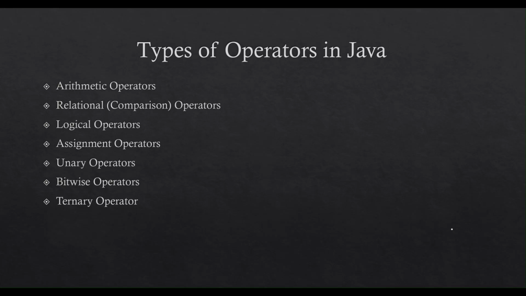So types of operators. How many operators are present in Java? Basically there are arithmetic, relational, logical, assignment, unary, bitwise, and ternary operators. So these are the varieties of operators available. In this video we are going through each operator, and we will learn them and implement them in our code.